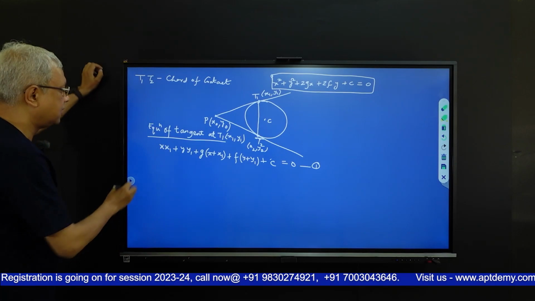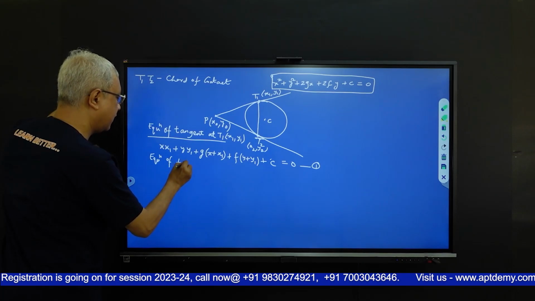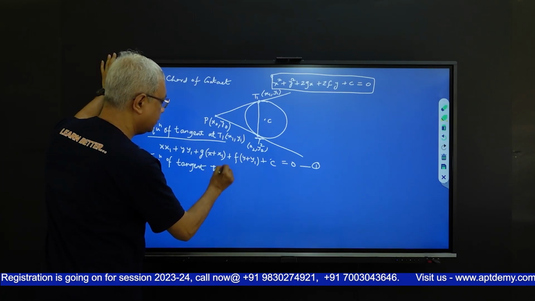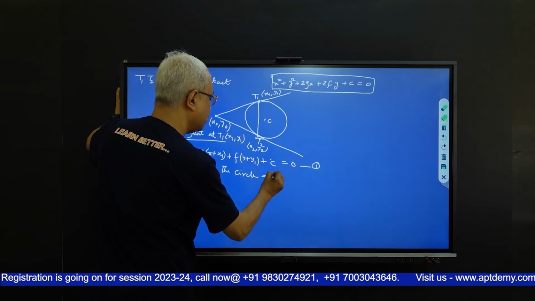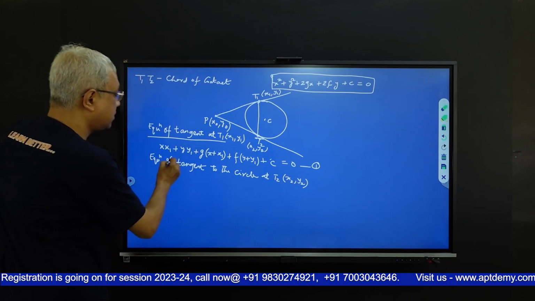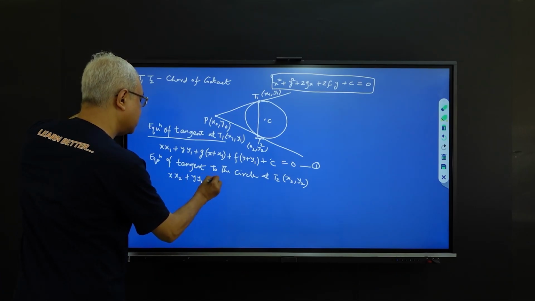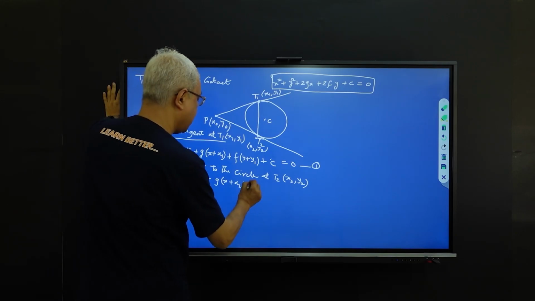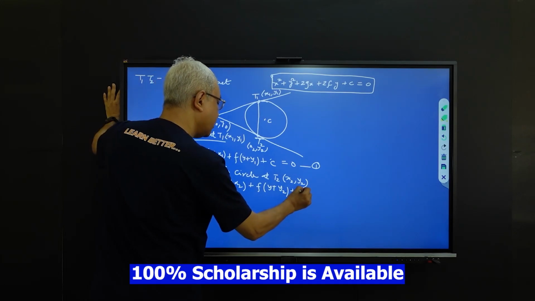And similarly, the equation of the tangent to the circle at T2, whose coordinates are x2, y2, is x x2 plus y y2 plus g(x plus x2) plus f(y plus y2) plus c equal to 0.